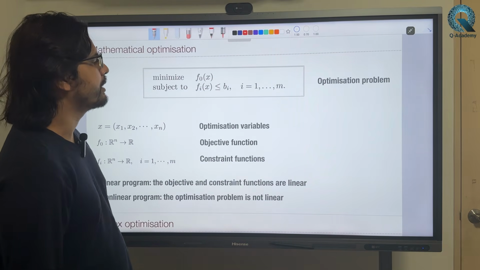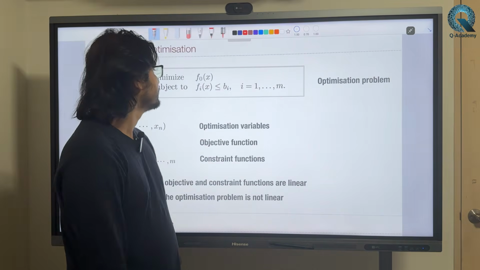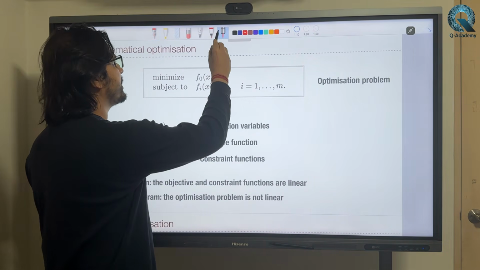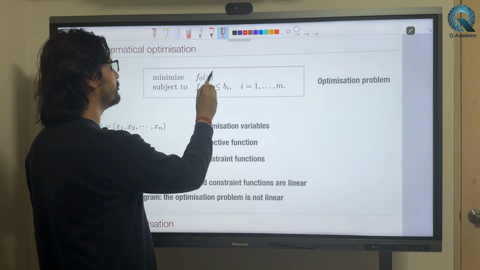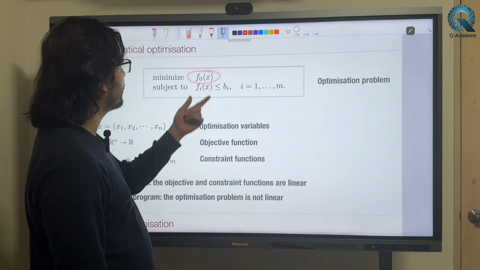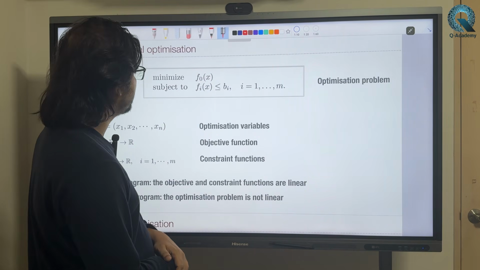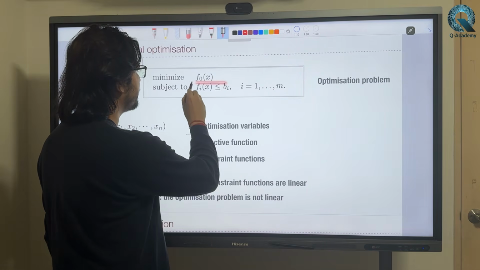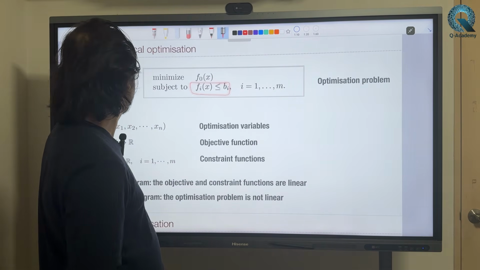So let's look at what is an optimization problem. To talk about an optimization problem, you need to talk about two things. One is something called objective function, and the other is something called constraint.